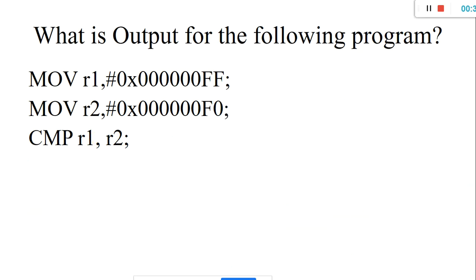That's it. Now what could be the output for this particular plot? Obviously, by looking at this, R1 is greater than R2. But how do you identify this?